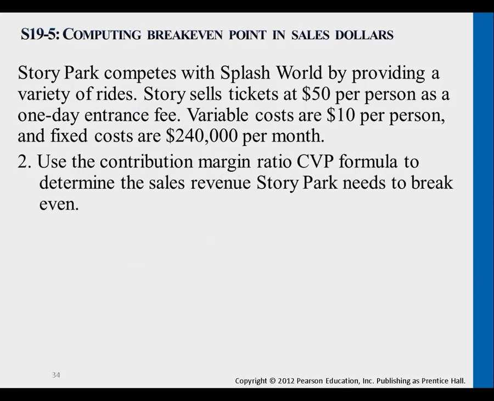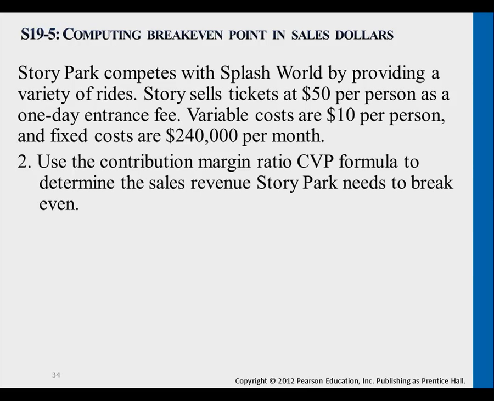Okay, so let's do another. Have we done this? No. So use the contribution margin ratio that we just went over again, the CVP formula, to determine the sales revenue. So we're looking for the sales revenue that we need to break even.